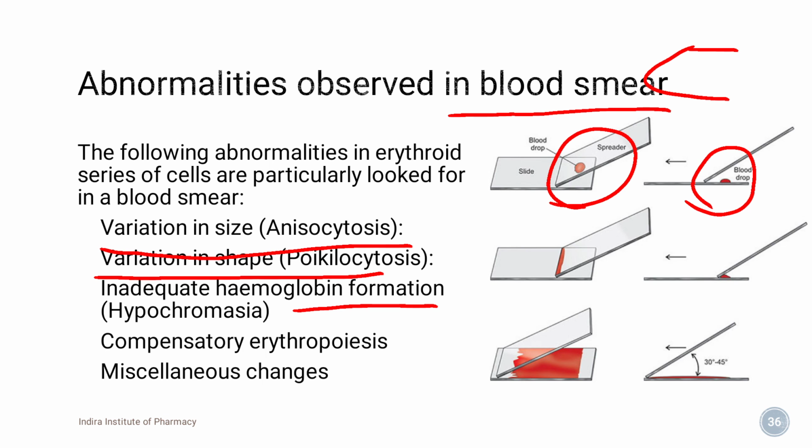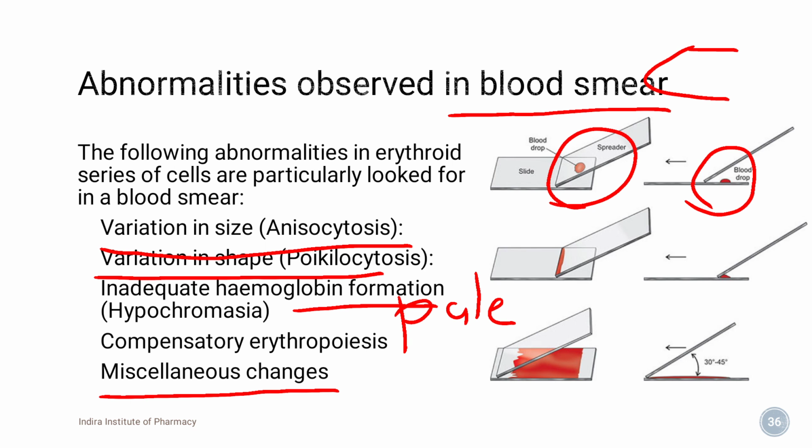So when the level of hemoglobin, or some content of hemoglobin, is less, the cells will appear pale in color, which is called hypochromasia. And there are some other miscellaneous changes that you will be observing when you observe this slide, which is stained with the Leishman stain, under the microscope.